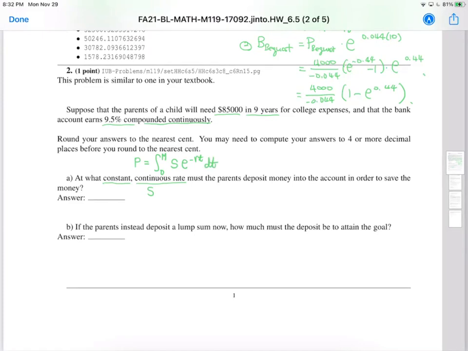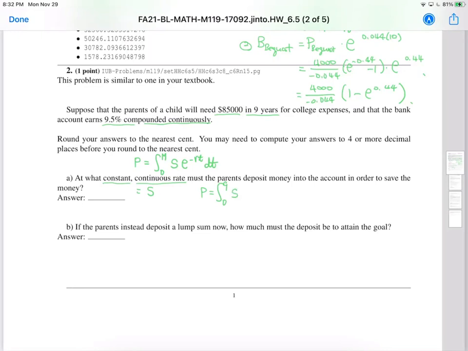So in this case, the present value is the integral from 0 to 9 for the next 9 years. And S is unknown.